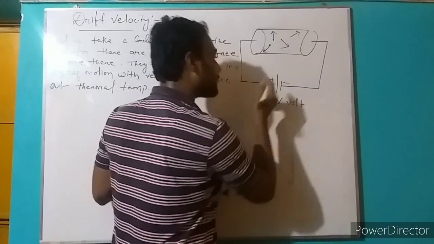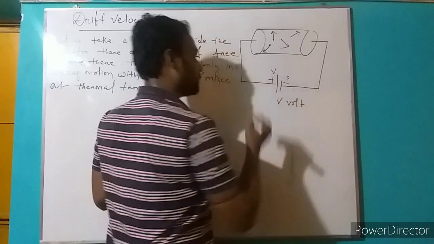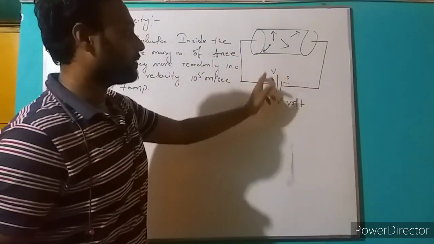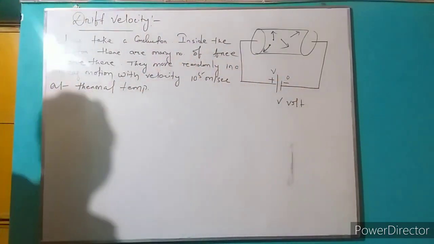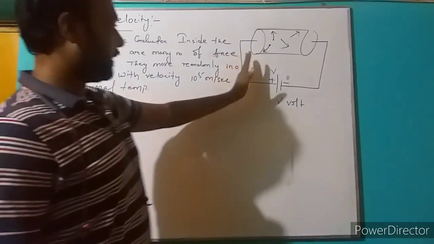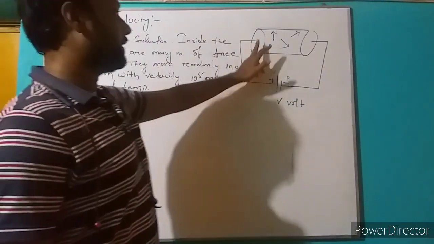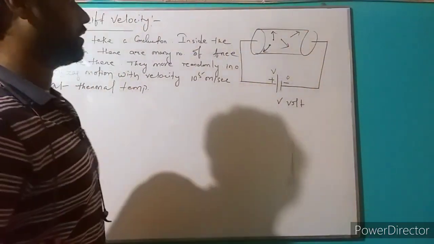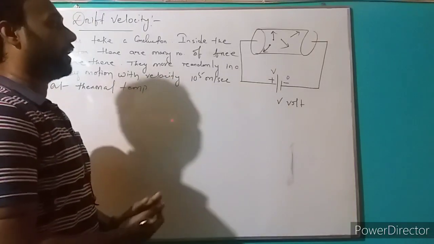Suppose that is V volt and that is 0 voltage here. So there is a difference between them of V volt. So whenever we connect the battery to that given conductor, then what will happen?